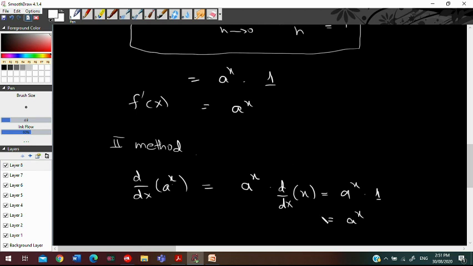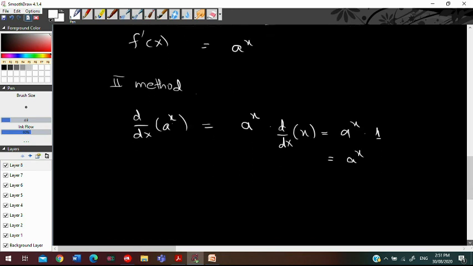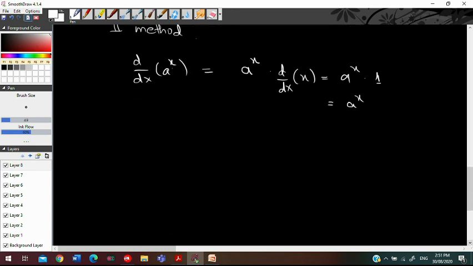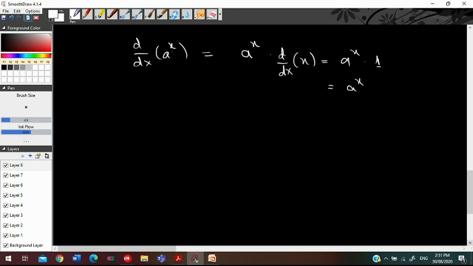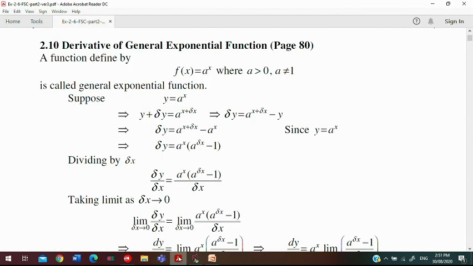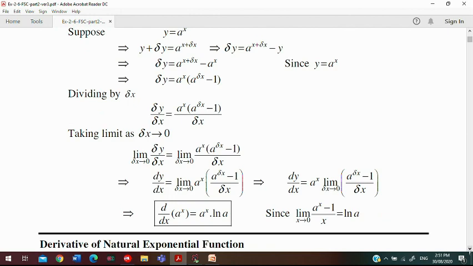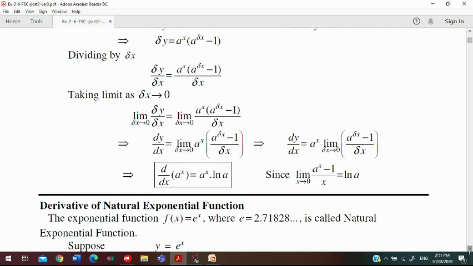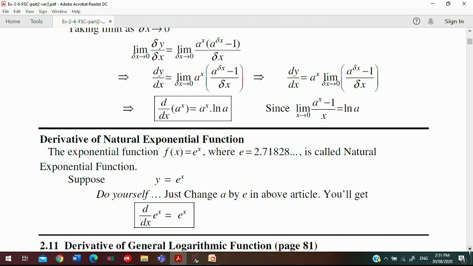So in both cases we have the same result, but it is up to your question which method it is asking, through which you can solve your question. So this is the general form of your exponential function, and here we have the complete solution of the general form.